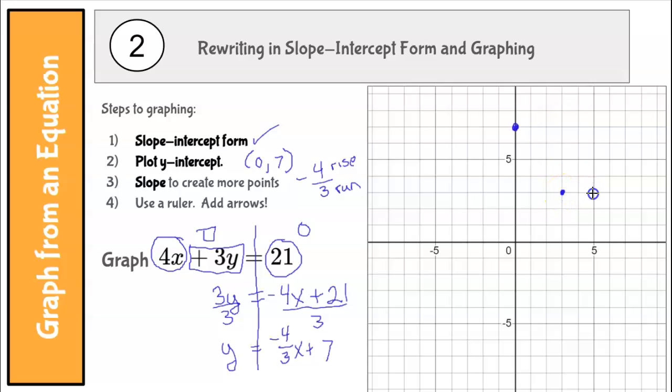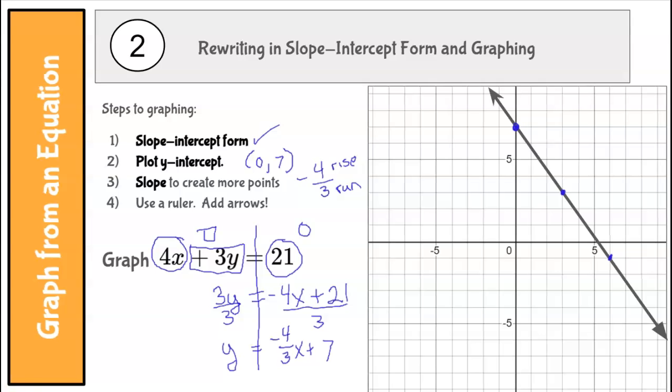Run 3, 1, 2, 3, sink 4, 1, 2, 3, 4. And if you do it right, you end up with a straight line. And I'm going to use a ruler. Actually, I'm going to use my straight edge tool and put arrows at both ends. There.